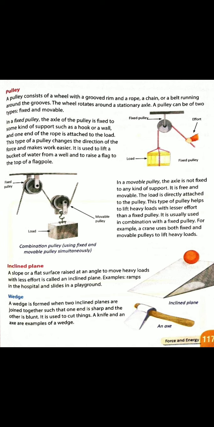Examples are ramps in the hospital and slides in the playground where children play. Now, next is wedge. A wedge is formed when two inclined planes are joined together such that one end is sharp and the other is blunt. It is used to cut things. Examples of wedge are a knife and an axe.